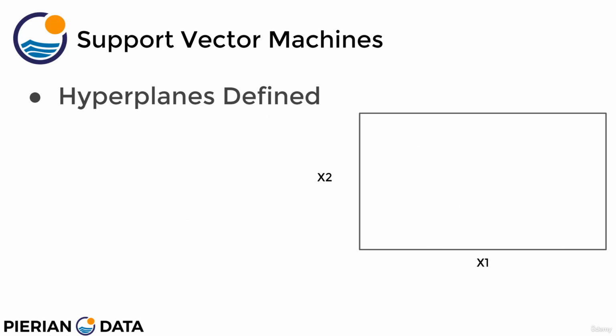Now let's first talk about hyperplanes defined mathematically. Here, I can imagine a two-dimensional space with two features, x1 and x2. A hyperplane is just a line in two features, which means I could define this mathematically as the lines we've seen before: beta naught for the intercept plus beta 1 times x1 plus beta 2 times x2, and set this equal to 0, and there's going to be some set of betas that is going to define this line.